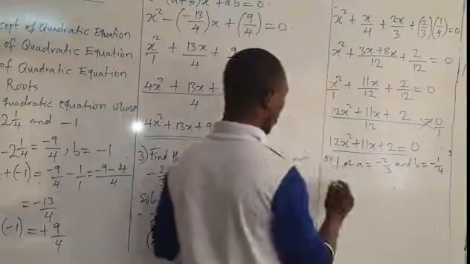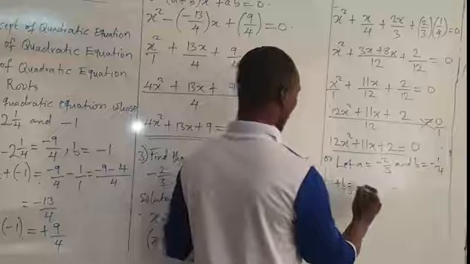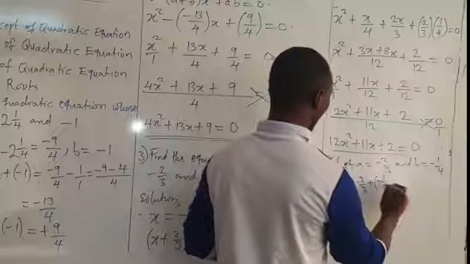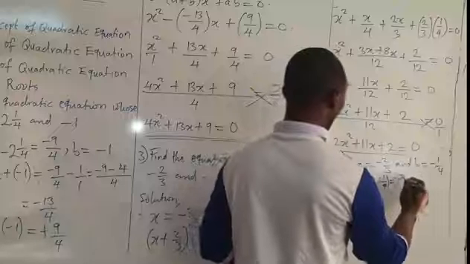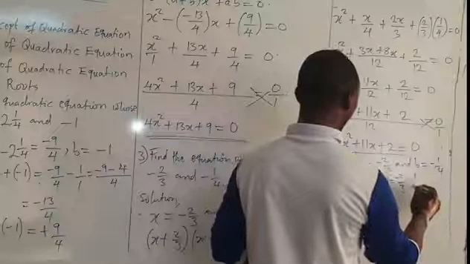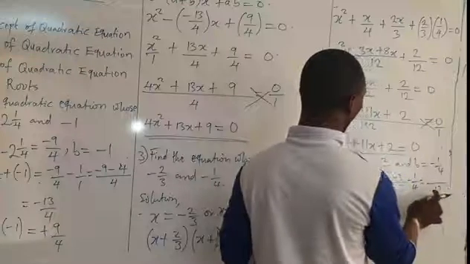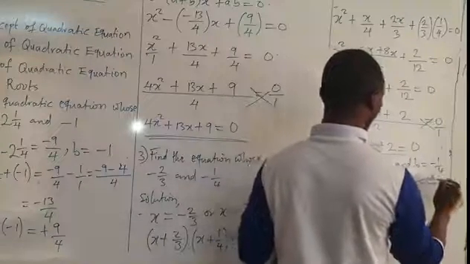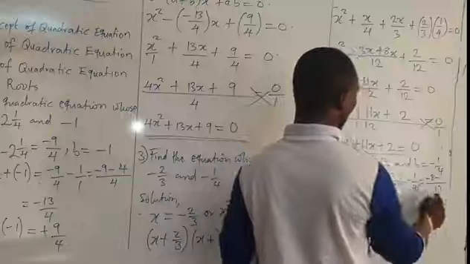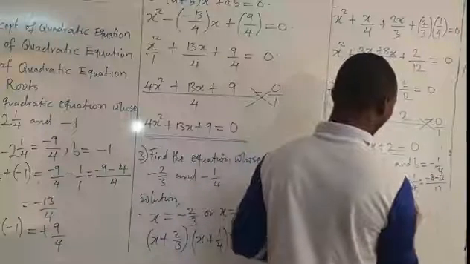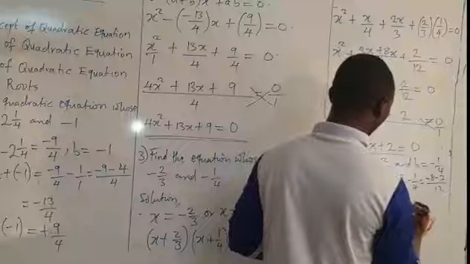Then the sum of roots, A plus B, equals minus 2 over 3 plus minus 1 over 4, which is minus 2 over 3 minus 1 over 4. So the LCM is 12. 3 in 12 is 4, times minus 2 is minus 8, minus 4 in 12 is 3, times 1 is 3. So we have minus 11 over 12.